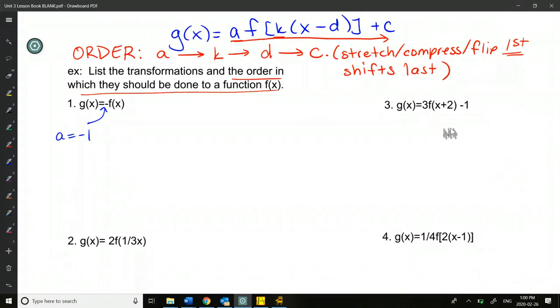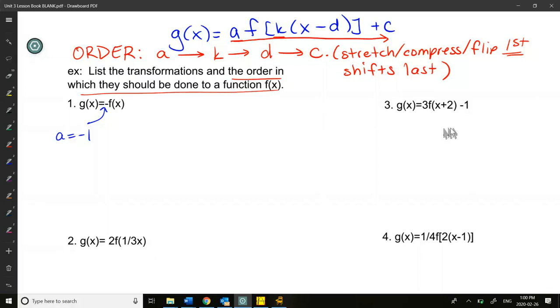Now when A is 1, that is no change to our function, right? When I multiply something by 1, what happens to it? It stays the same, right? When I multiply 7 by 1, it's unchanged. If I multiply 2 by 1, it's unchanged. So if I multiply a function by 1, it's unchanged. But if I multiply it by -1, that's actually going to flip my entire function.